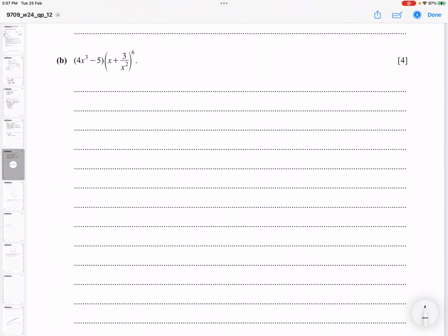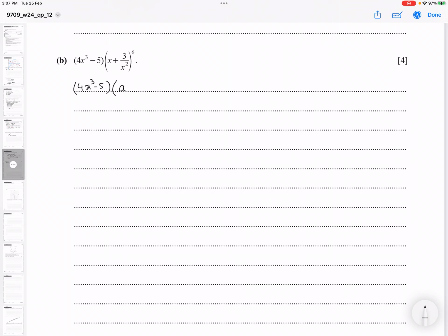In B part, 4x power 3 minus 5 times x plus 3 over x square whole power 6. Alright, so here we should be very careful in handling this. You can use the formula to open the second bracket and see where you can find out the values independent of x. So let me write the formula first.